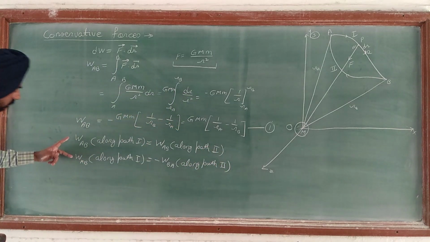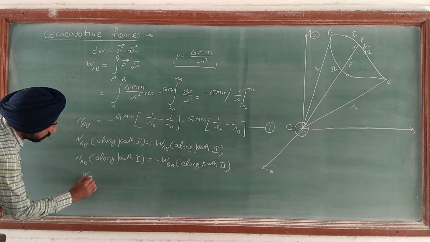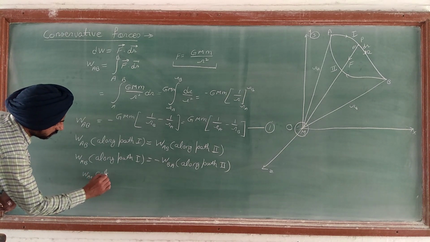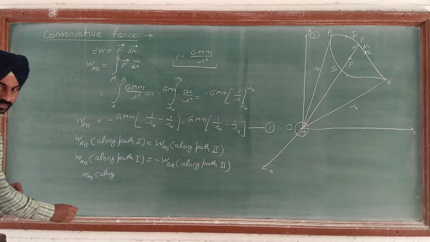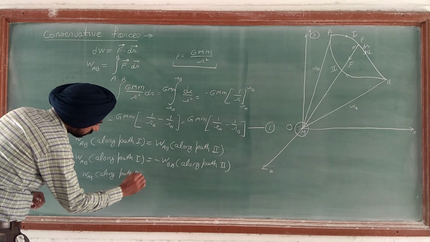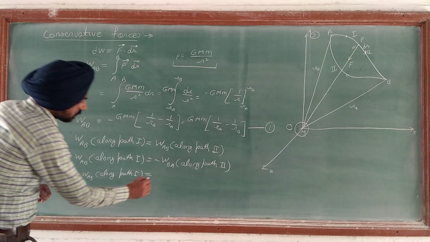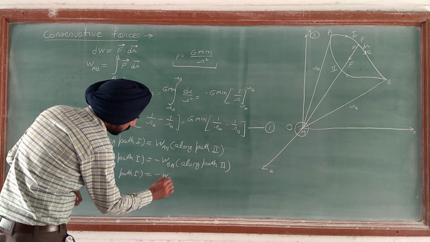From these two terms I can write W_AB along path 1 is equal to minus of W_BA along path 2.